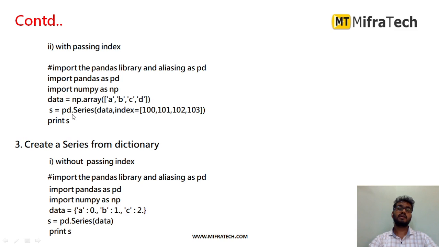After creating the array, we use pd.Series to create a series using the Pandas library. Here the first parameter is the data, the array we have given. In the second parameter, we have specified the index. We can do it without specifying the index, or by specifying the index. Here I have given the index as 100 to 103. If we print s, we get the output with the specified index.